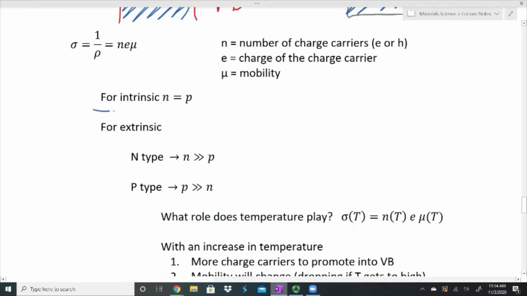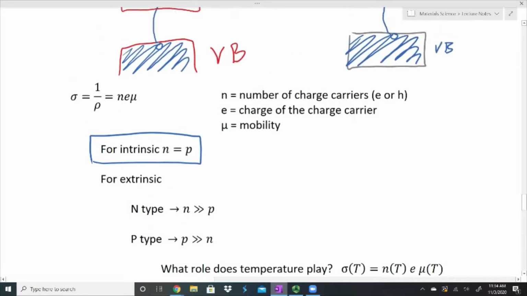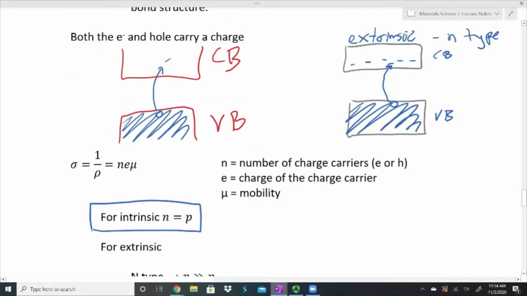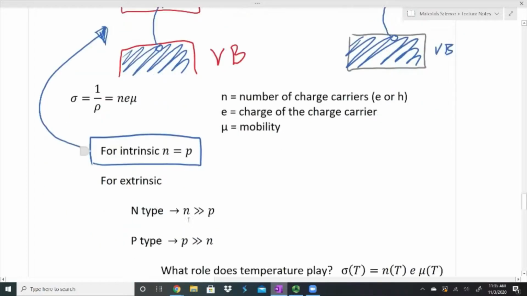For intrinsic materials, our N equals our P. Our negative charge equals our positive charge, and we see that in this picture above here. Every time I promote a negative charge carrier, I leave behind a hole, and so for every negative, I have a positive as well.